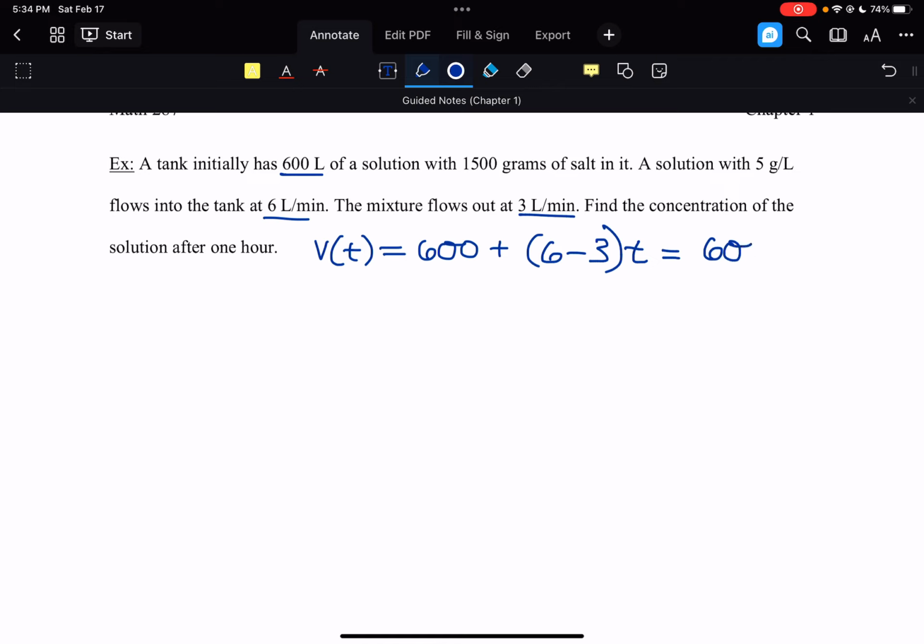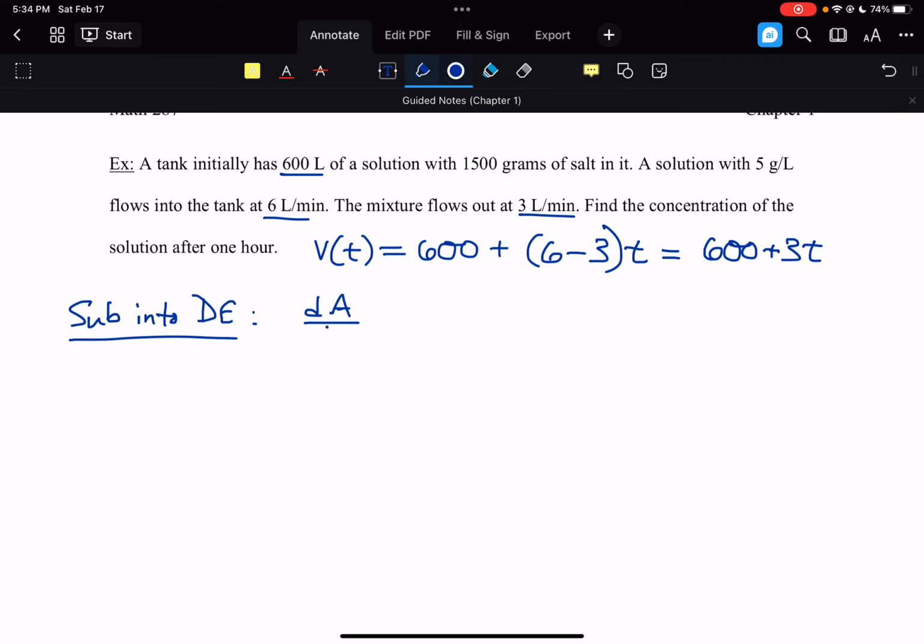So we get 600 plus 3t for our volume. We're going to take that and substitute it into the differential equation.